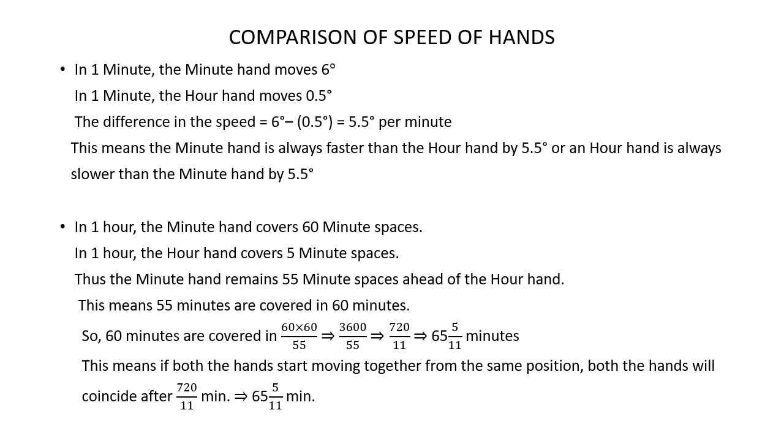But since the speed of the hands is different, it means that 60 minutes are covered in 65 5/11 minutes. This means if both the hands start moving together from the same position, both the hands will coincide after 65 5/11 minutes, not 60 minutes.